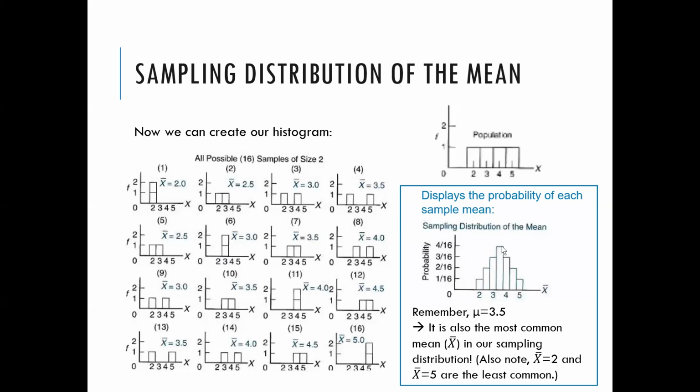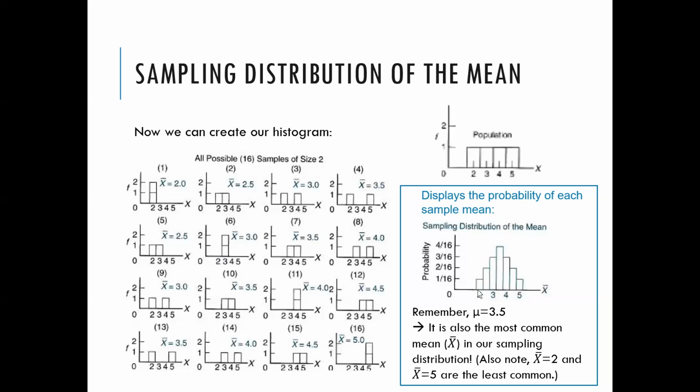We've plotted this all the way up to a sample mean of 5. Remember, the true population mean is 3.5, and as it turns out, it's also the most common mean in our sampling distribution. That occurs 4/16, or 1/4 of the time.